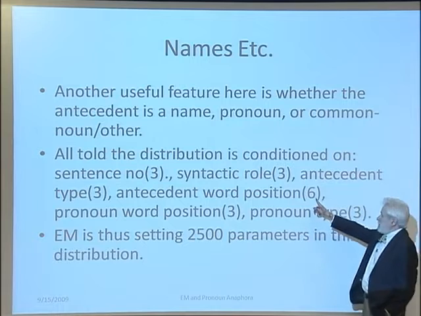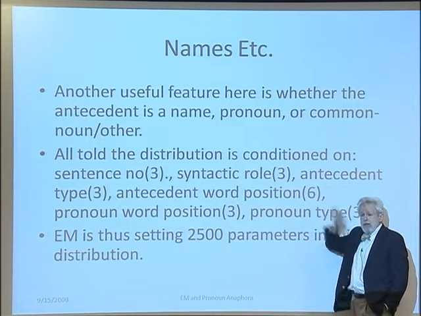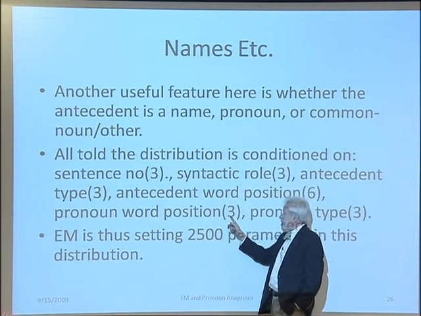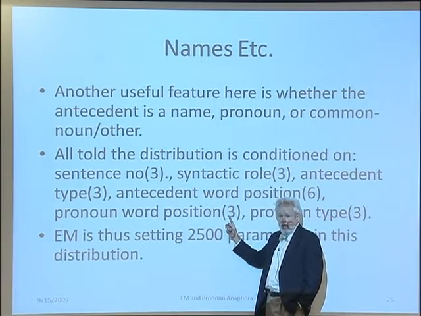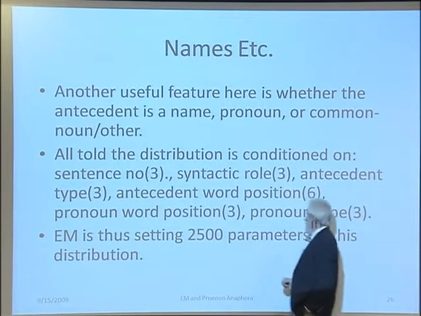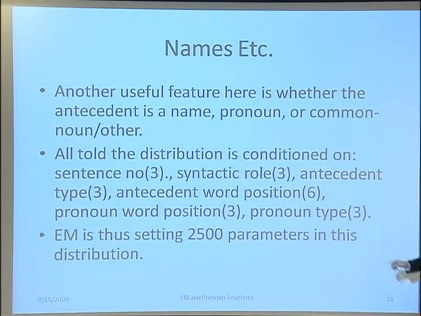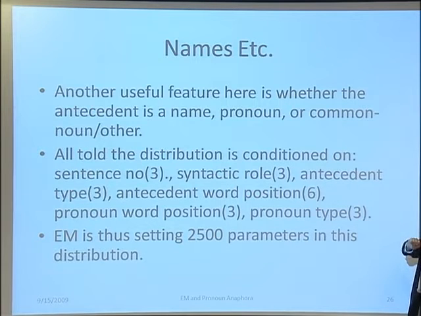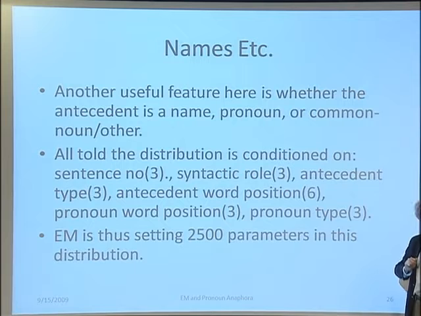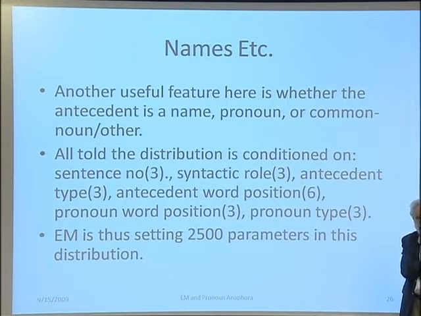All told, this probability distribution is conditioned on 3 possible sentences, 3 possible syntactic roles, subject, object, and other, 6 different binned buckets for word position of the antecedent, and 3 buckets for word position of the pronoun. That's one case where I do look at where the actual pronoun is. And 3 possible pronoun types, because if you are a reflexive pronoun, your distribution over possible antecedents is very different than if you are possessive, for example.